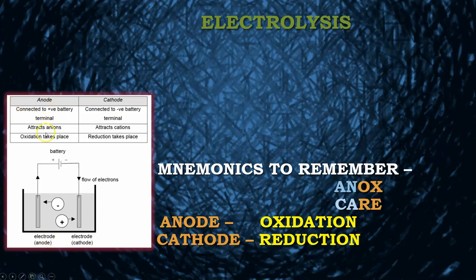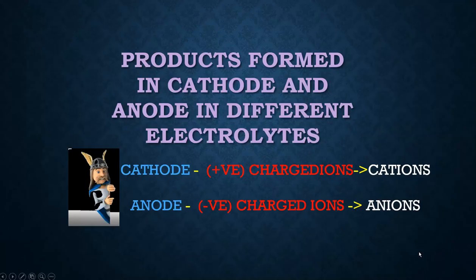So here is the difference between anode and cathode. So products formed in cathode and anode in different electrolytes. Cathode will attract the positively charged ions, that is cations. Anode will attract the negatively charged ions, that is anions.